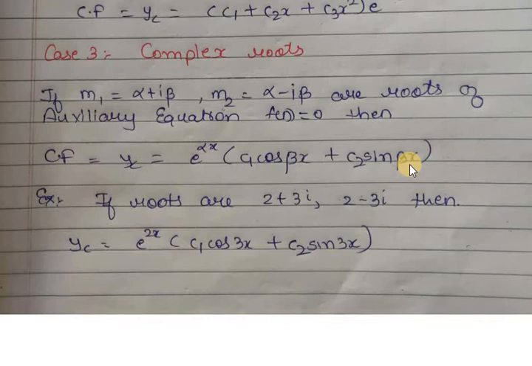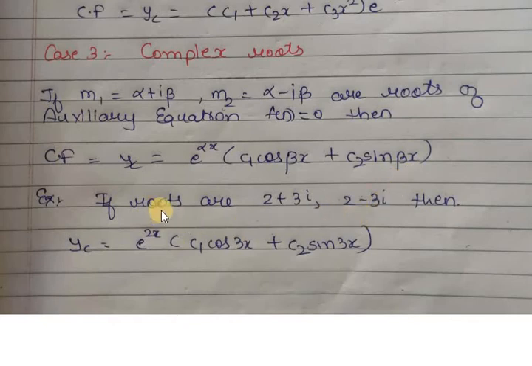Okay, so yc is given by this formula, that is e raised to alpha x in bracket c1 cos beta x plus c2 sin beta x. So it will be e raised to 0x in bracket c1 cos 2x, value of beta is 2, plus c2 sin 2x, and e raised to 0x will be 1. So the final answer will be c1 cos 2x plus c2 sin 2x.